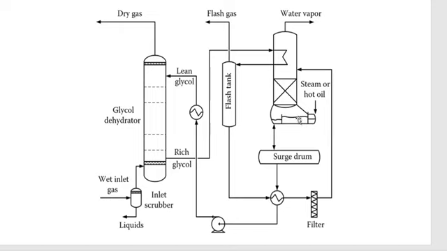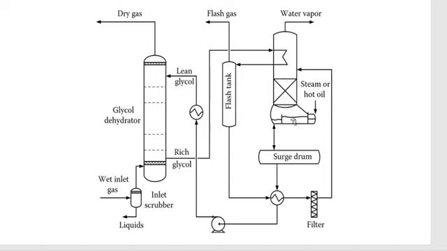The boiling point of the water is 100 degrees centigrade, right? When we raise the temperature until 500 Fahrenheit, just the water will release from the rich glycol, and the glycol will still be a liquid.